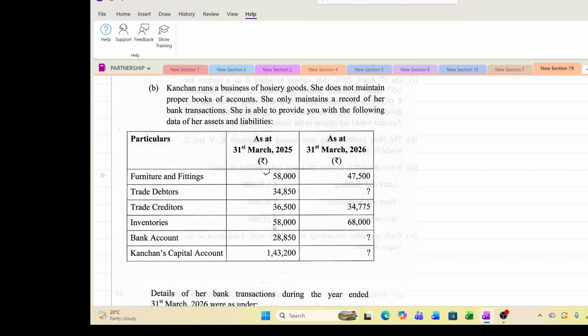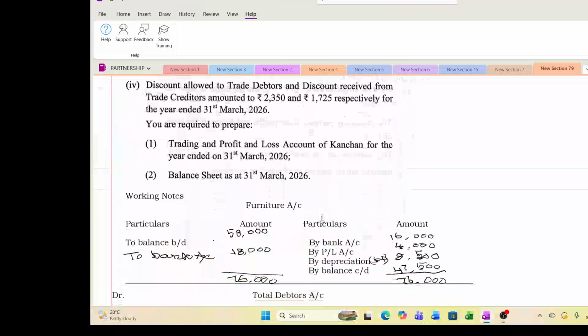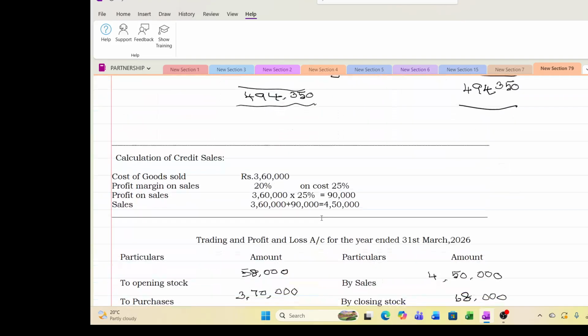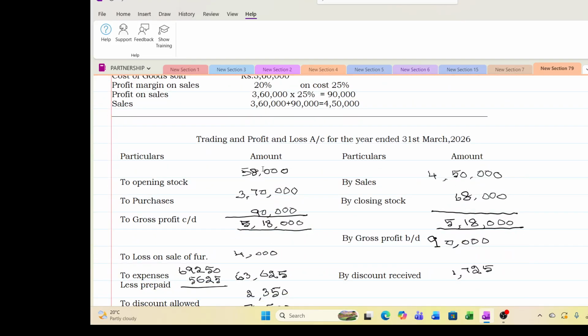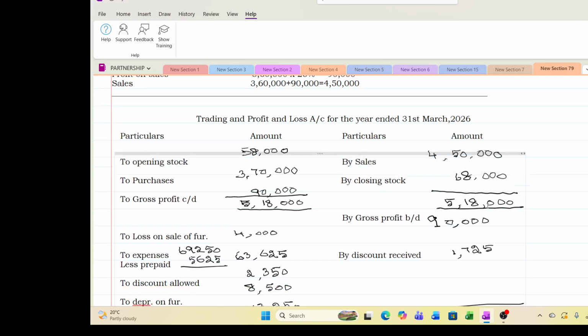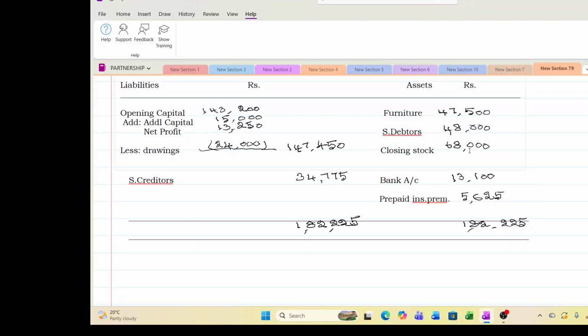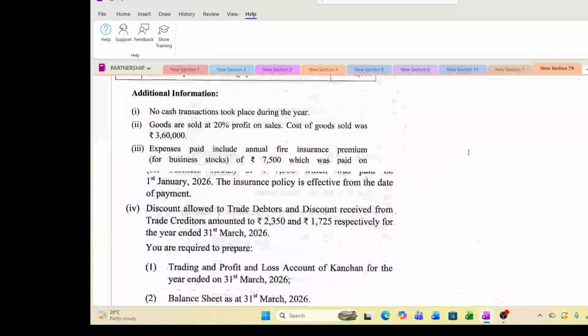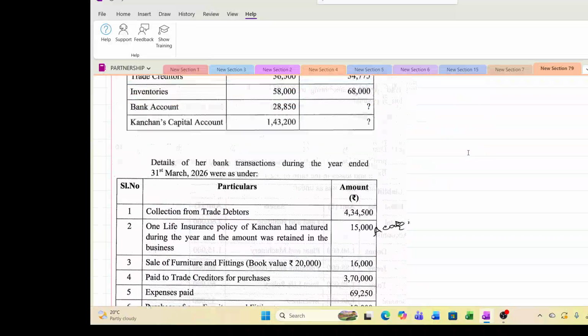Both will appear in your trading account as well as in your closing balance sheet. So open all the accounts and then start entering one by one. So in the trading and P&L account, opening stock 58,000, closing stock 68,000, and come to your balance sheet, write the closing stock 68,000.